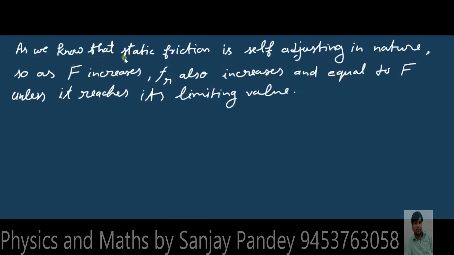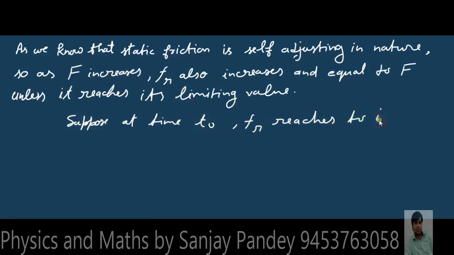As we know that static friction is self-adjusting in nature, so as F increases, Fr also increases and is equal to F unless it reaches its limiting value. Suppose at time t0, Fr reaches its limiting value.